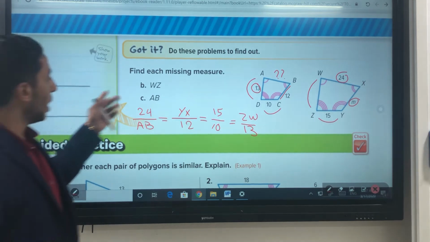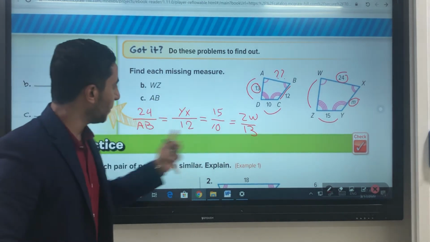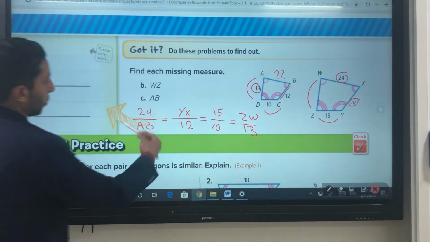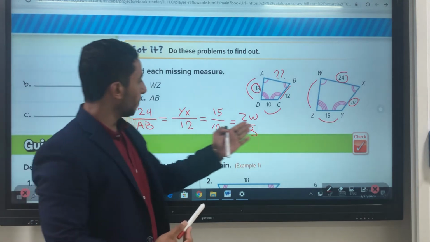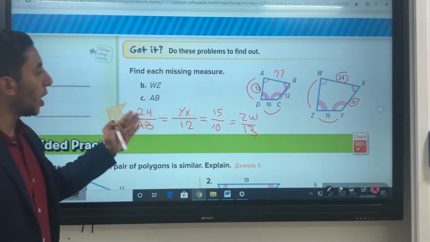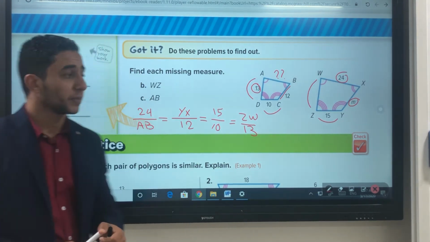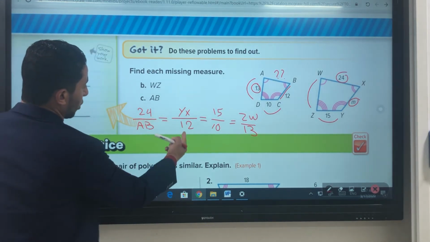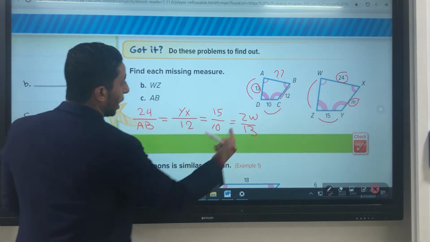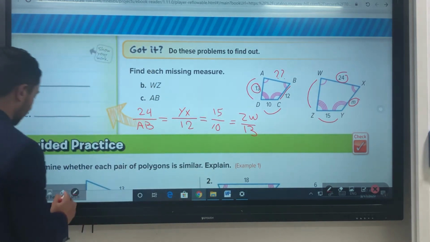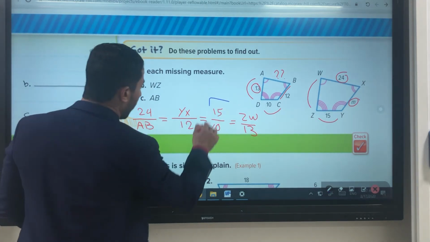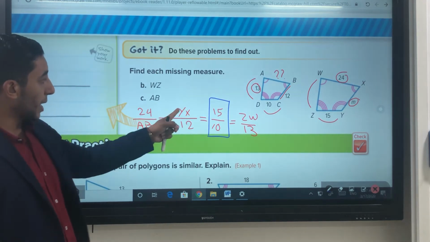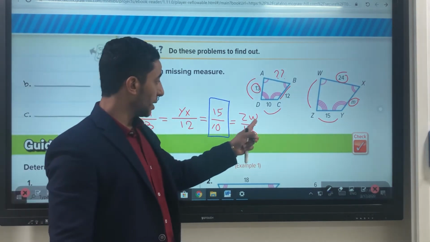You can use the comparison between the ratios. They are proportional. All these fractions are equal. So 24 over AB and YX over 12 equal 15 over 10 and ZW over 13. As you can see, we have a full ratio here. Here AB is unknown, YX is unknown, ZW is unknown.